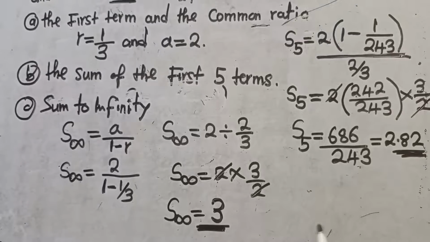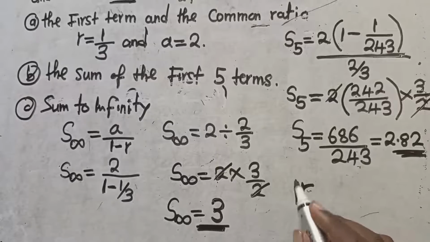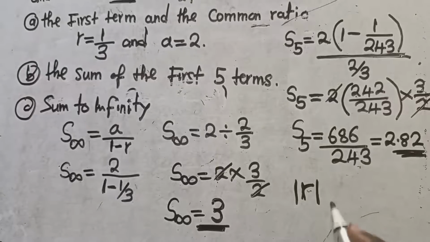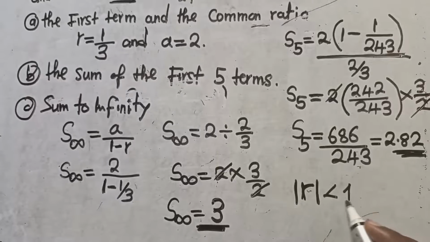Under sum to infinity, I guess you know that we find the modulus of the common ratio, which should be less than 1. You need to make sure that for the common ratio, if it is negative, you change it to a positive. If it is greater than 1, it means that the sum to infinity of that particular progression does not exist.